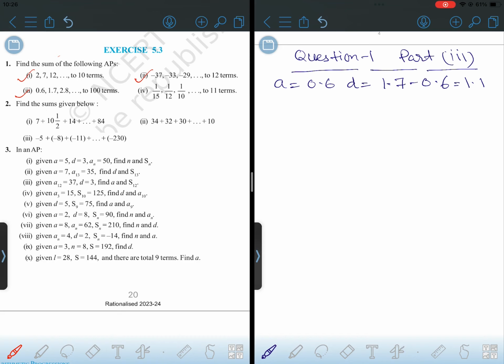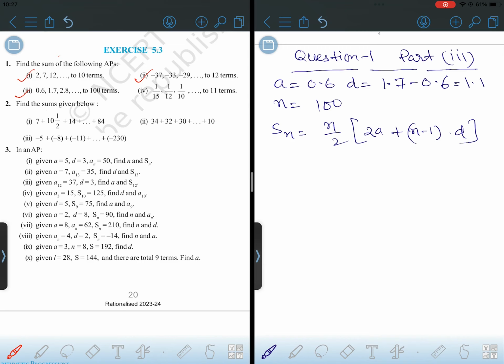So now we are also given n equal to 100. We utilize the same formula to find the sum of the AP, that is Sn is equal to n by 2 in bracket 2a plus (n minus 1) into d, right? Then we can put all the values one by one.